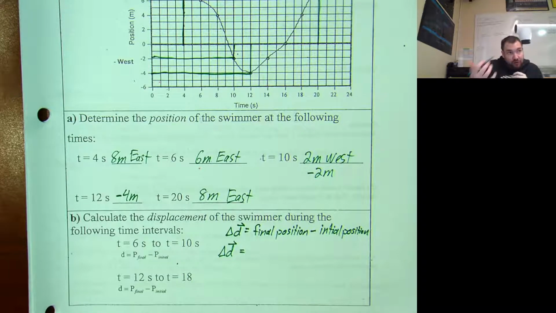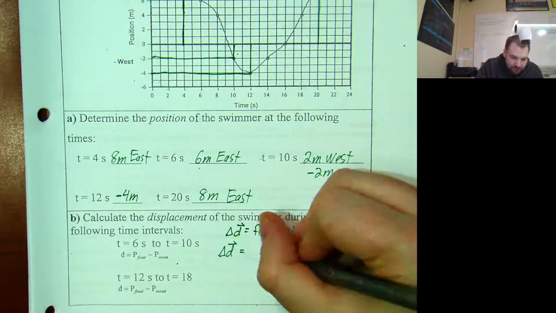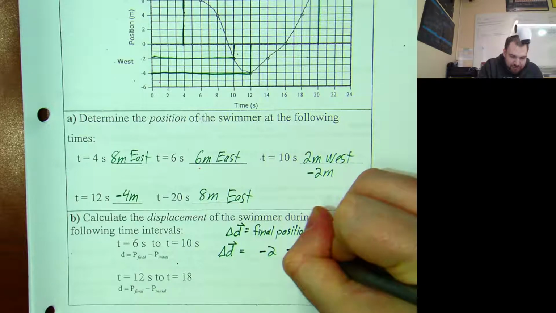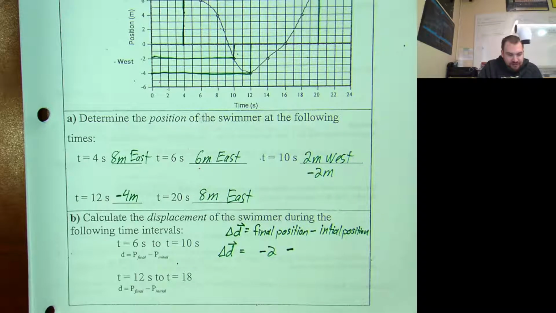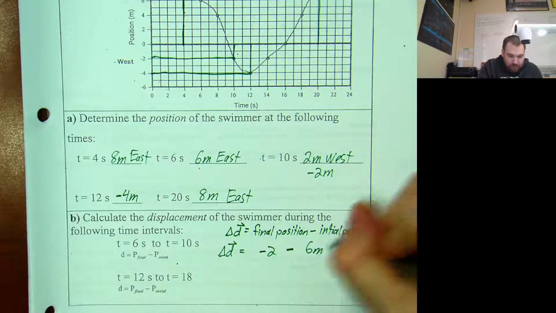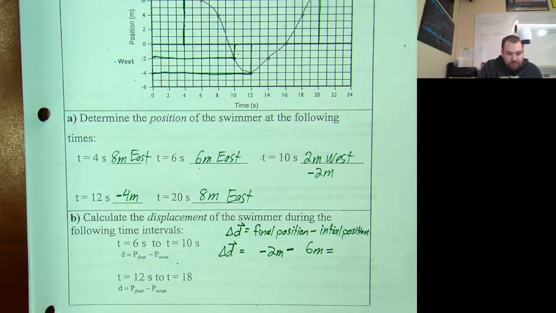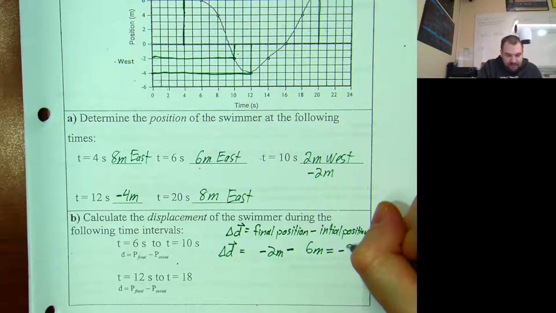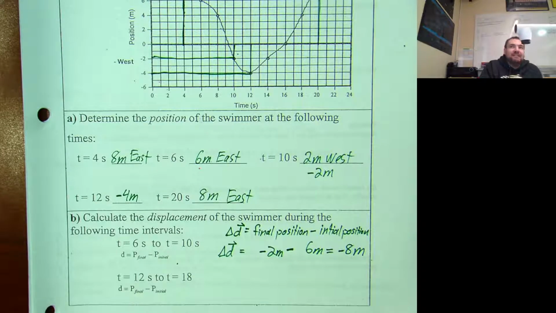So when we convert it, what value are we going to use here? Negative 2. And we're going to subtract our initial position. Our initial position was? Yeah, positive 6 meters. Cool. So our displacement is negative 8 meters. Cool.